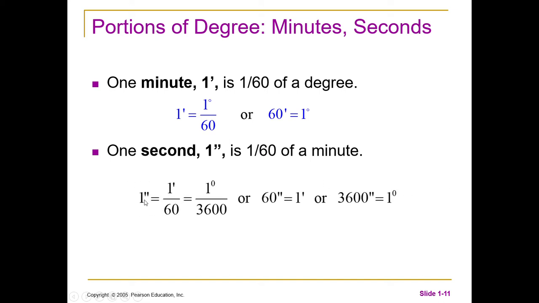So, 1 second, 1 minute over 60, 1 degree over 3,600, or 60 seconds is equal to 1 minute, or 3,600 seconds equals 1 degree.